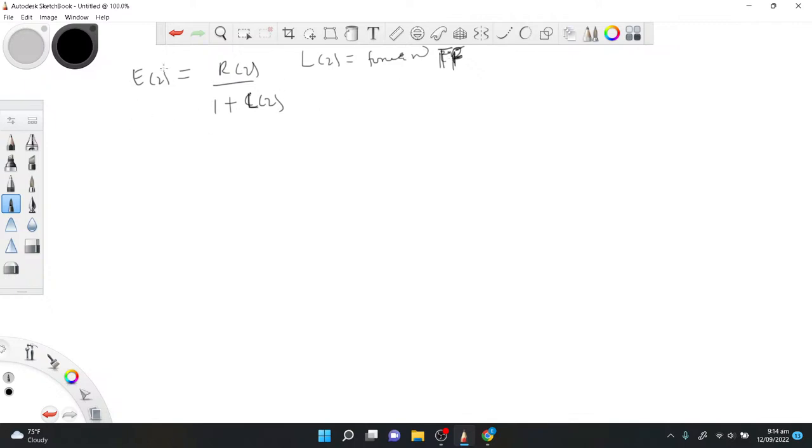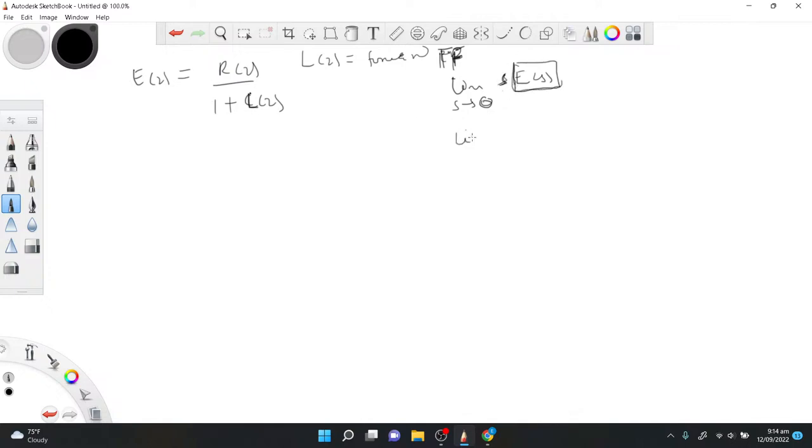Now in the S plane, when you are doing steady state error, you use the final value theorem: limit as s approaches 0 of s E of s. So that means you want the coefficient of this E of s to be 0.